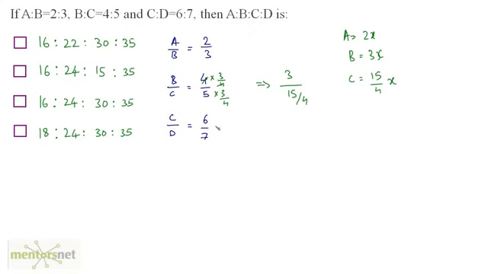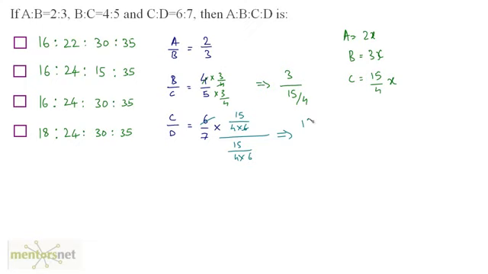So what we can do is multiply the numerator and denominator by 15 by 4 times 6 divided by 15 by 4 times 6.